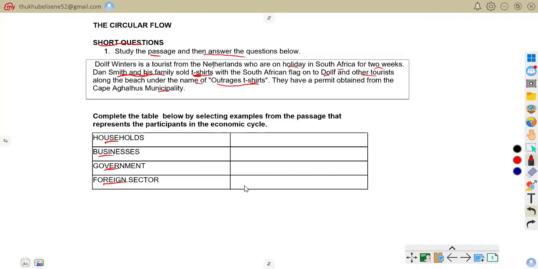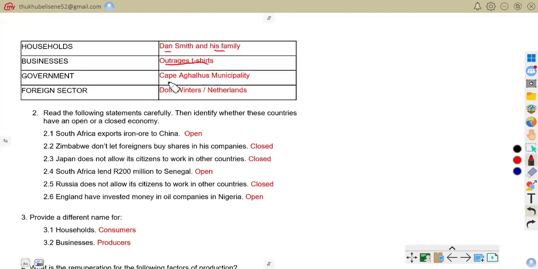Government now, as you can see, we're told that they have a permit that they obtained from the Cape Agulhas municipality. So that is the government we're talking about.